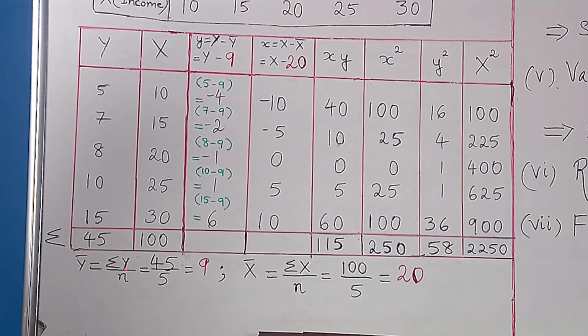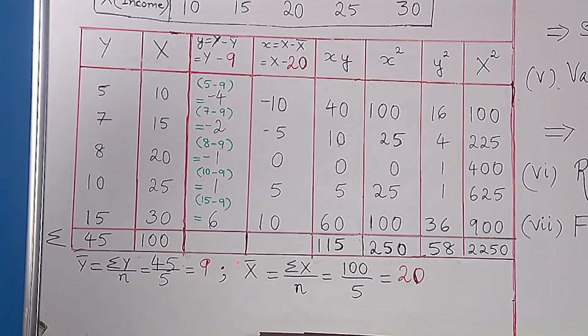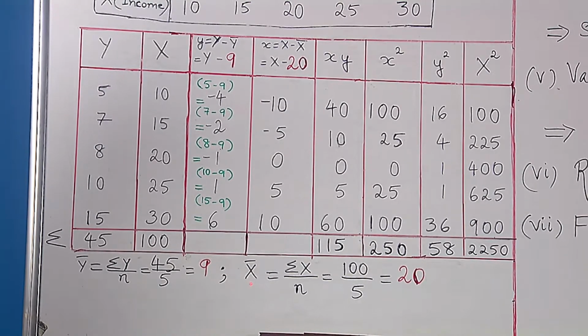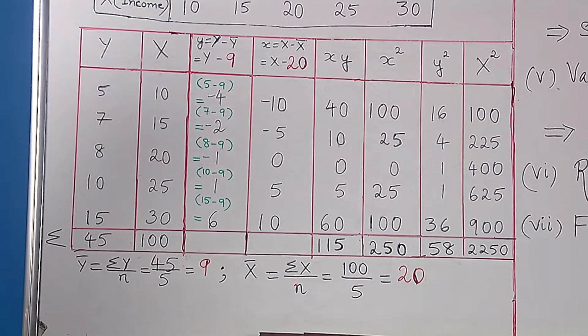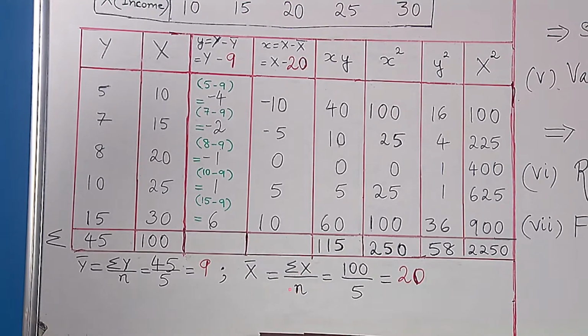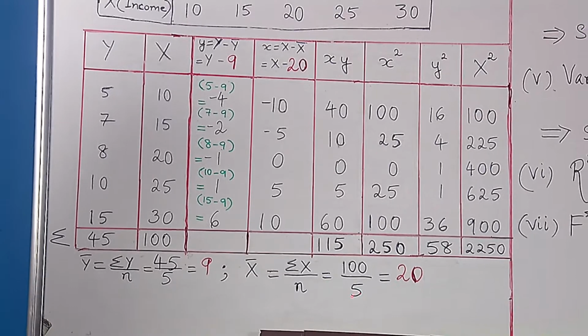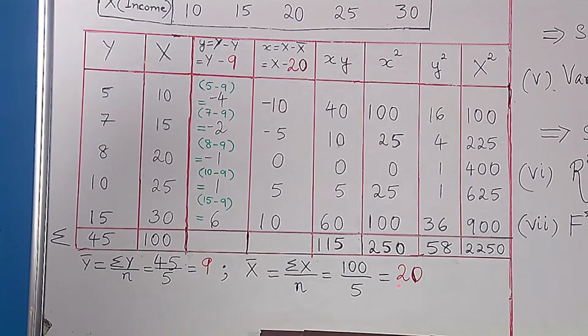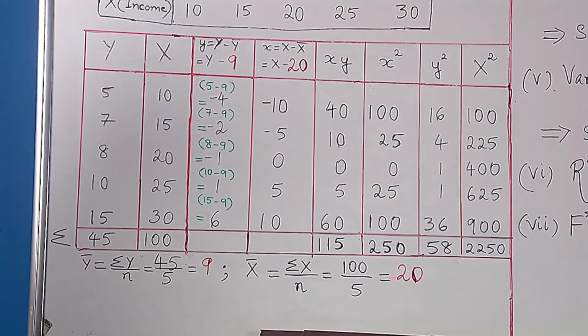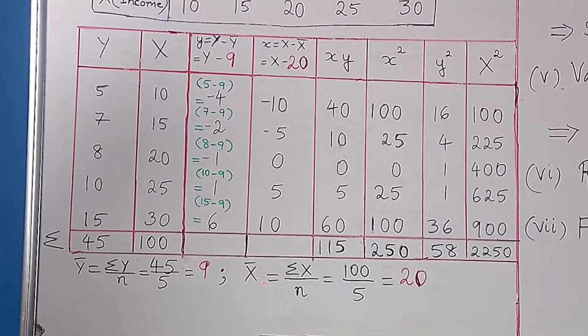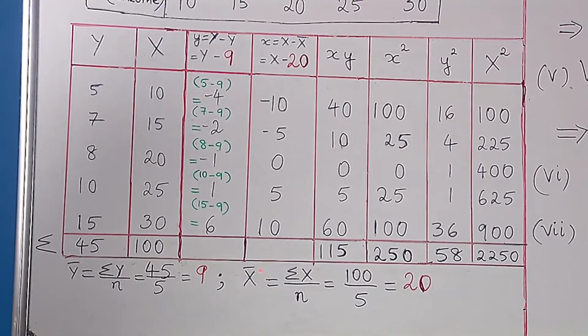The same way we get x bar, the average of all the incomes given in the data set. So, x bar is equal to sigma x by n, as already computed, 100 by 5 gives you the answer 20. So, 20 is the mean of the income.